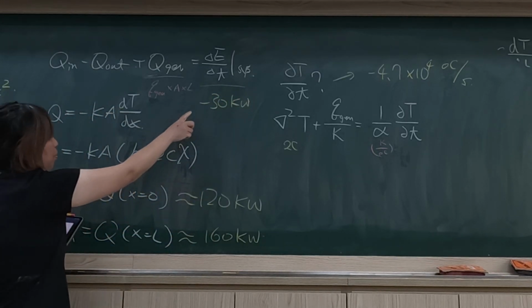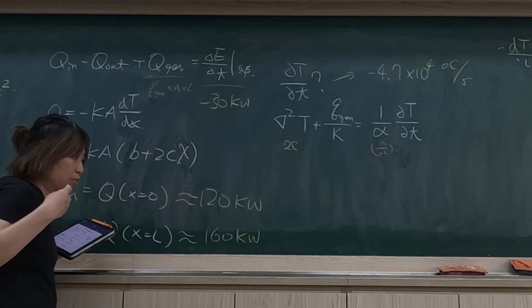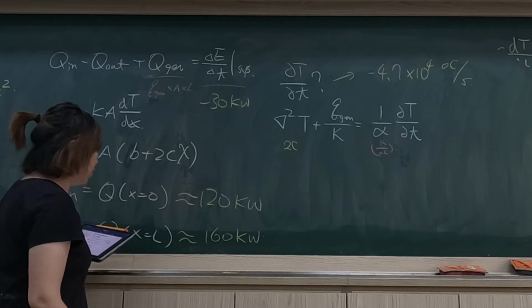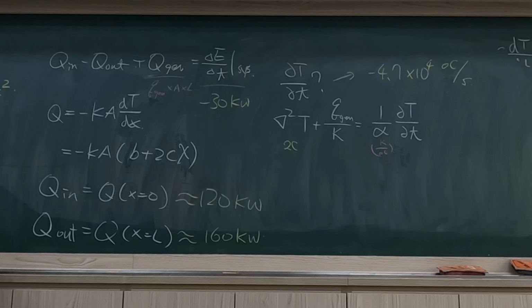The minus sign means the energy is propagating out of the element. And you will find that Q in doesn't equal Q out. As we mentioned, if it's in steady state, every surface and every cross-section, the heat propagated should be the same. But here Q in doesn't equal Q out, which means this is an unsteady system.